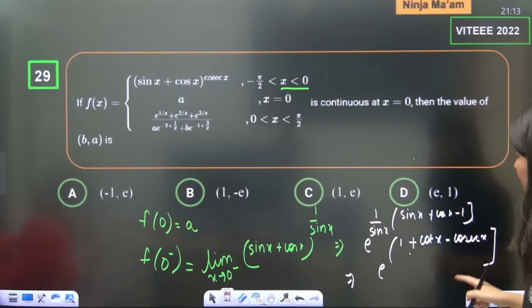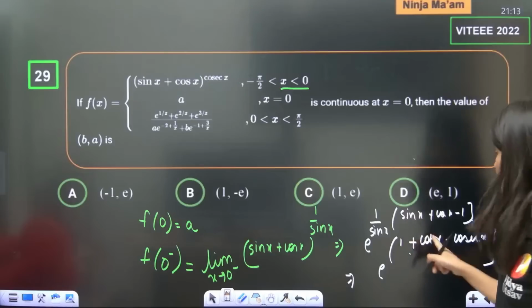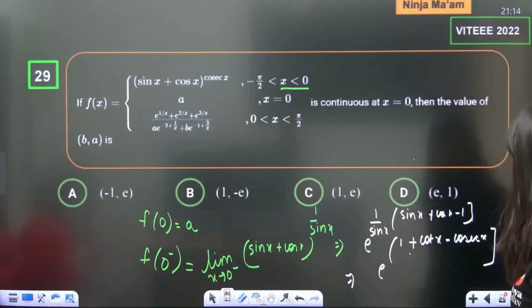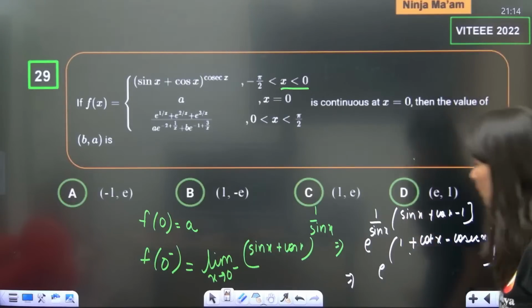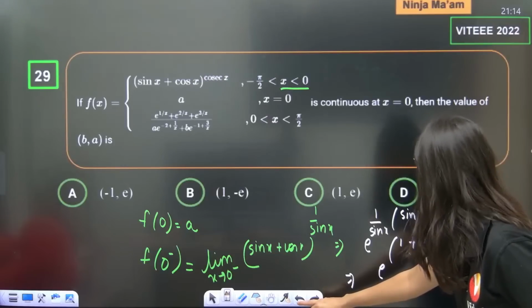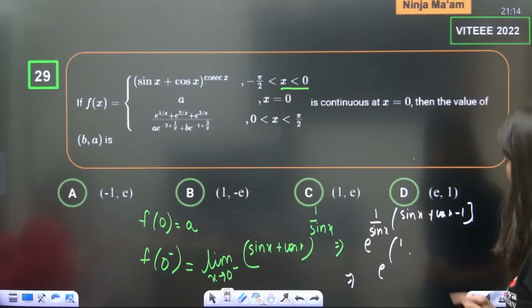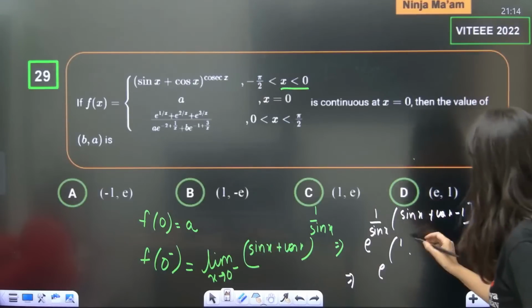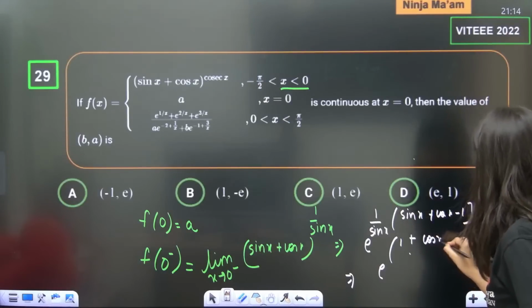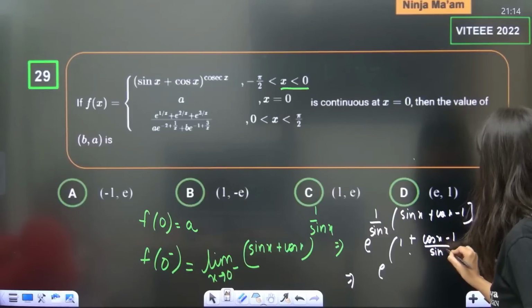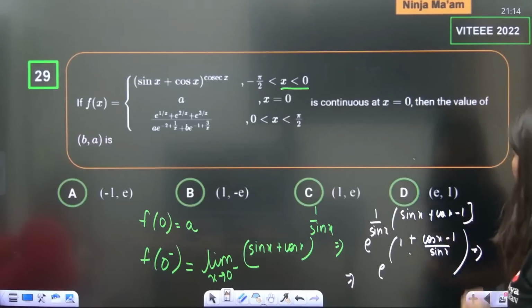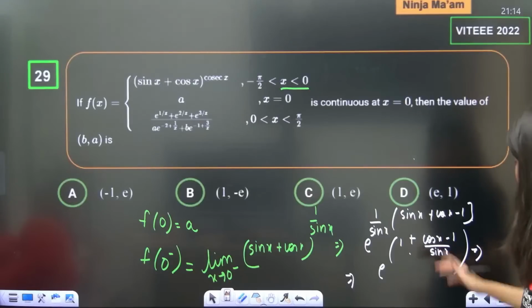Now if you put x tends to 0, 1 plus cot x will give you infinity, so what you can do is: sin x by sin x is 1 plus cos x minus 1 upon sin x. Correct?